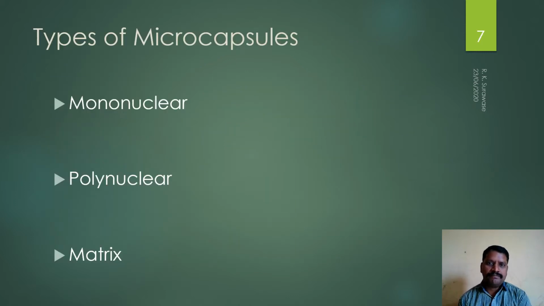The types of microcapsules. Generally mononuclear, polynuclear and matrix. So these are the three basic types of microcapsules. Mononuclear means a single core material. For example, one core material gets encapsulated with the coating material, means a single molecule of core material.